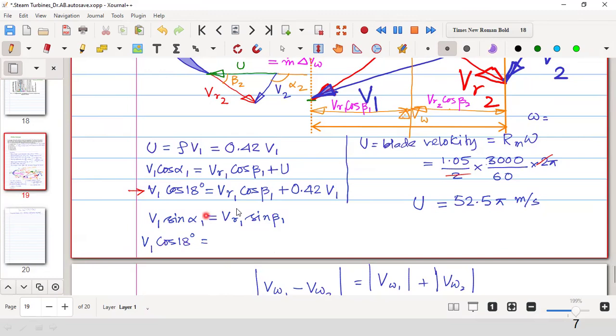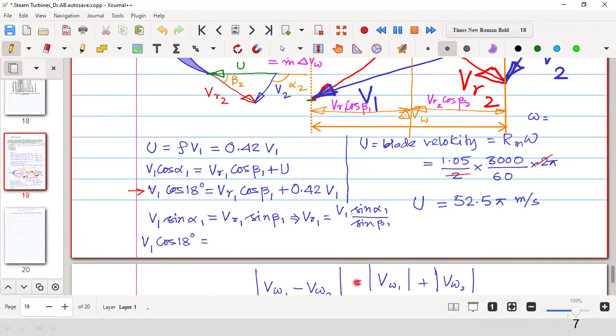From this relation, what we can write, VR1 is equal to V1 multiplied by sin alpha 1 by sin beta 1.